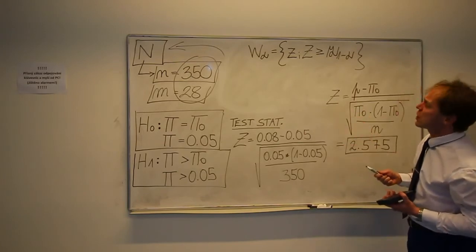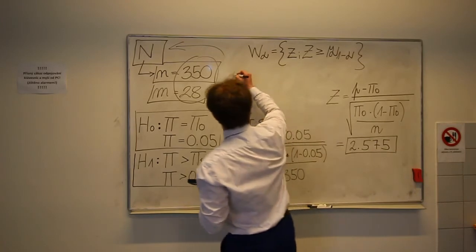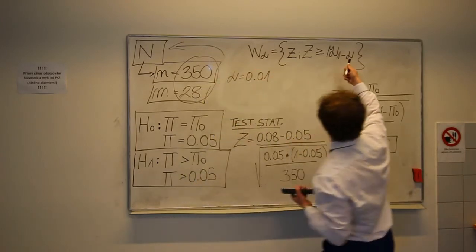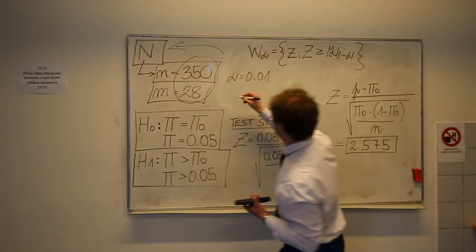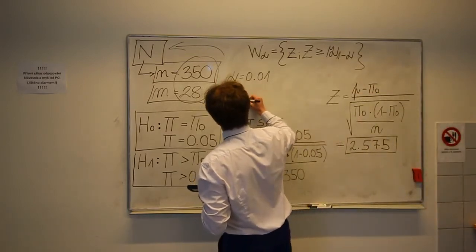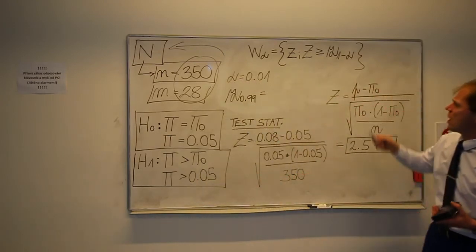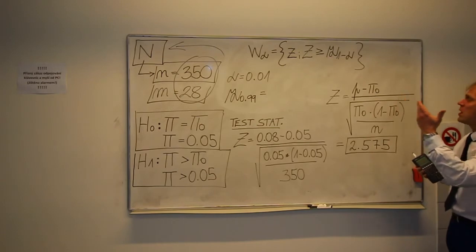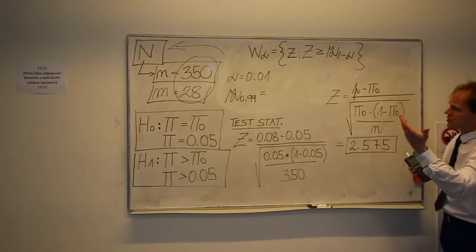of significance. We are using alpha equal to 0.01, so we must find Z 0.99, the 99% quantile from the standard normal distribution.